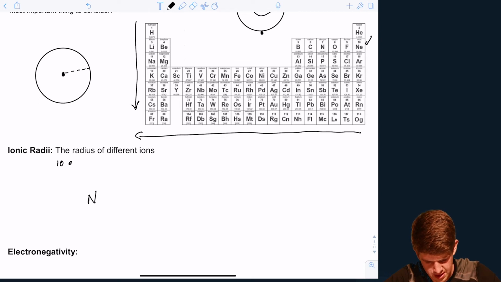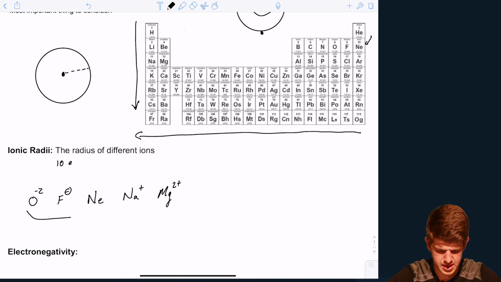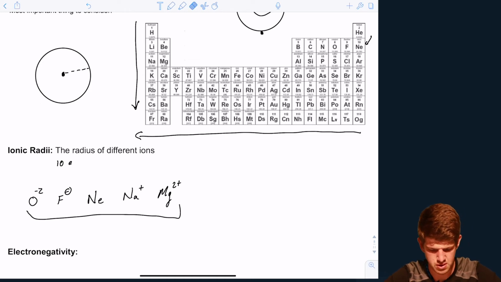We can have neon in its neutral state, fluorine in its -1 state, oxygen in its -2, and then on the other side of the spectrum, sodium with its 11 electrons loses 1 and will also be at 10, and then magnesium can lose 2 and also be at 10. So all of these have the same number of electrons.